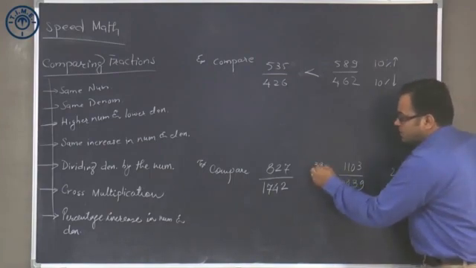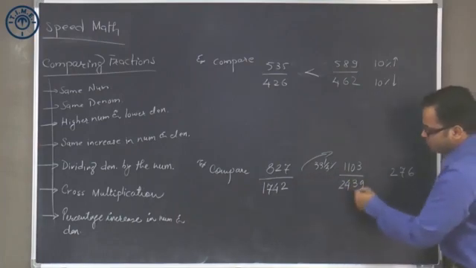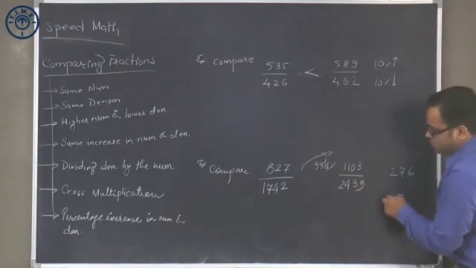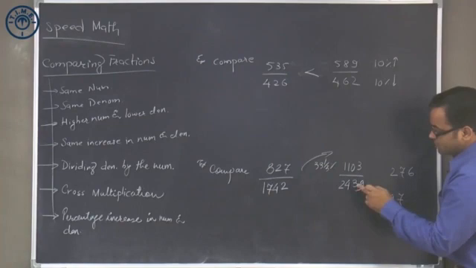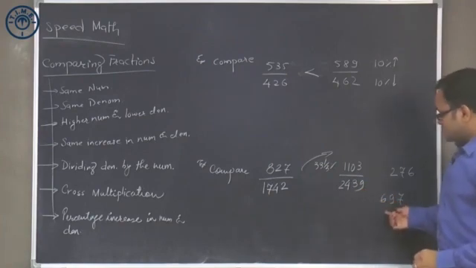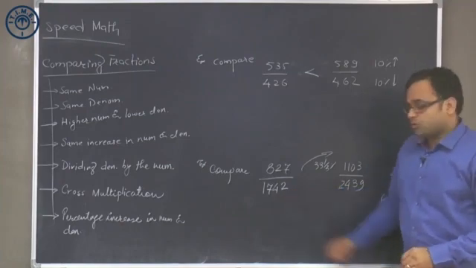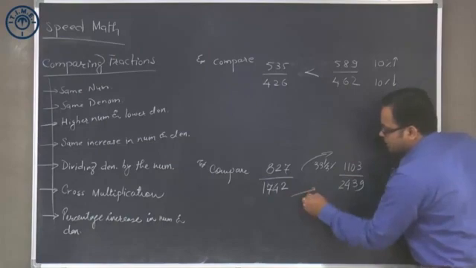So this is increasing by 33 1/3%. Whereas if I look at the denominator, from 1742 to 2439, the increase is 697. 697 is approximately 700, 7 upon 17 is about 40%. So this is increasing by 40%.